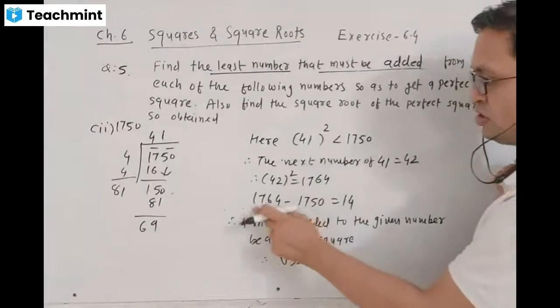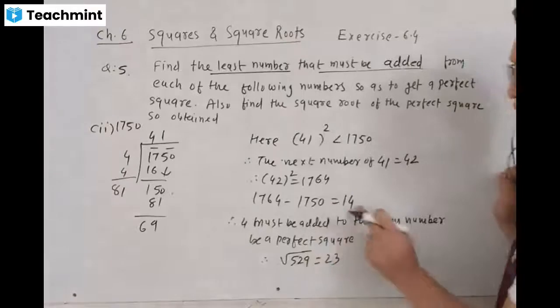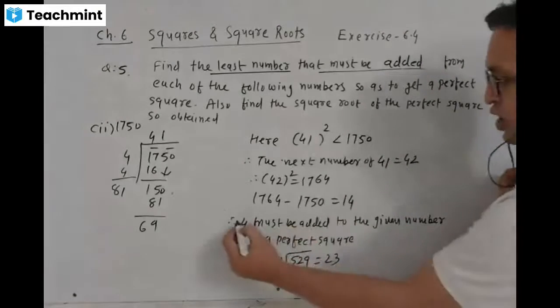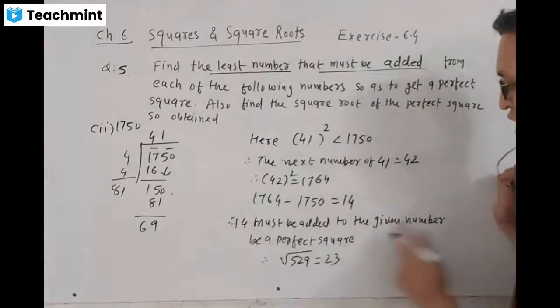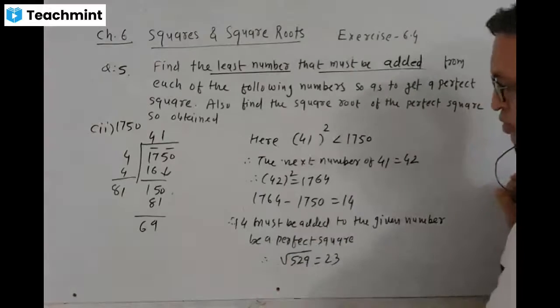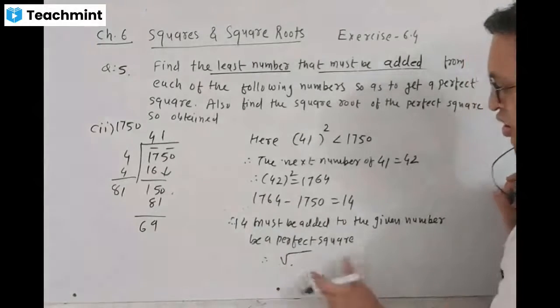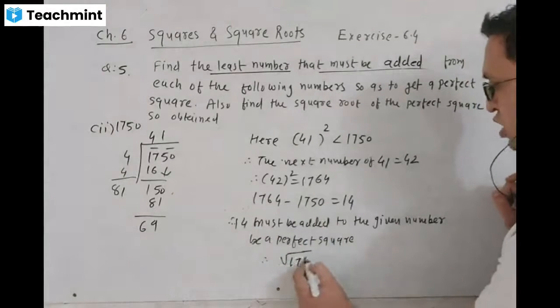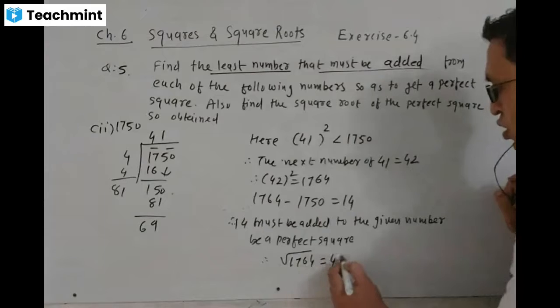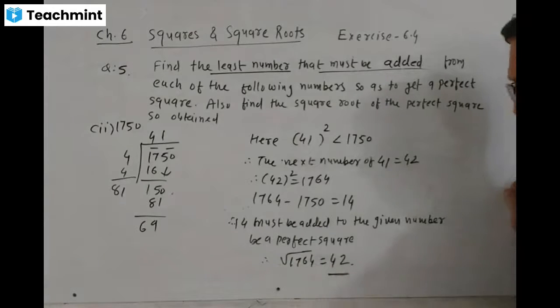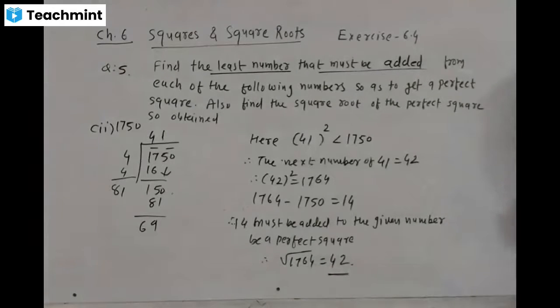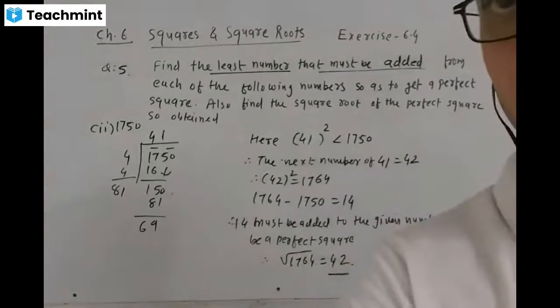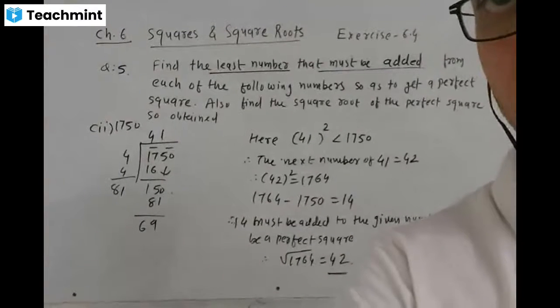And 1764 minus the given number: the given number is 1750, so the subtraction is 14. Therefore 14 must be added to the given number to make a perfect square, and the number is 1764, whose square root is 42. Therefore the final answer is 42.